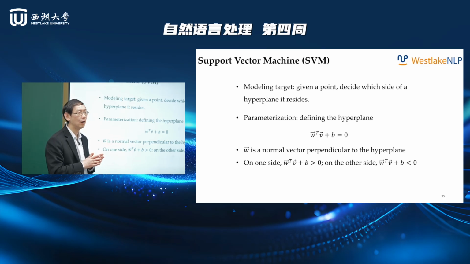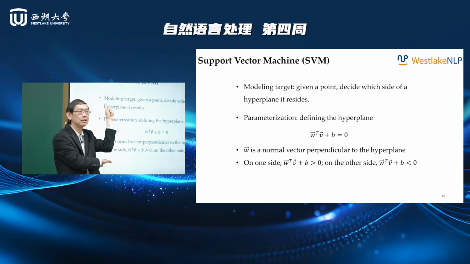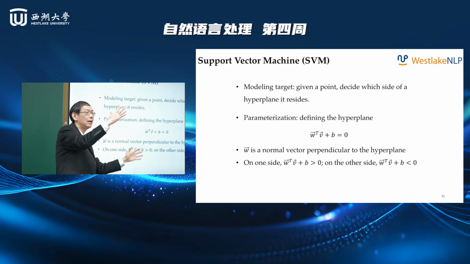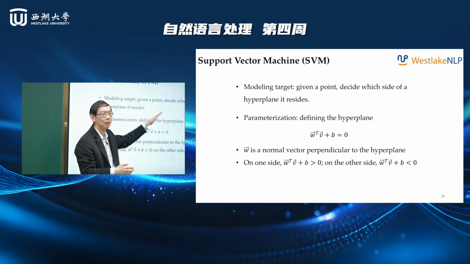Here v is your input vector. Omega is the direction vector. Omega is orthogonal to your hyperplane. This vector decides the orientation of your hyperplane. And b is the bias. It decides how to shift, up or down.